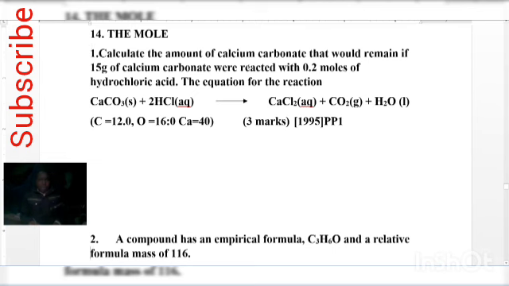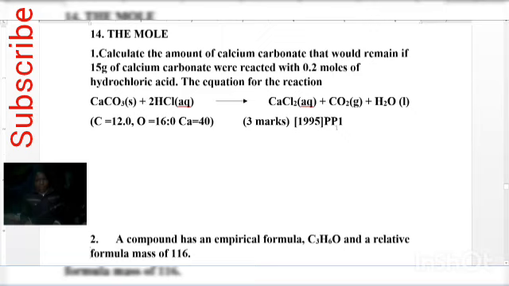Calculate the amount of calcium carbonate that would remain if 15 grams of calcium carbonate were reacted with 0.2 moles of hydrochloric acid. The equation for the reaction is as shown below. So you can see our equation here. We need to get the number of moles of calcium carbonate that reacted with the hydrochloric acid.